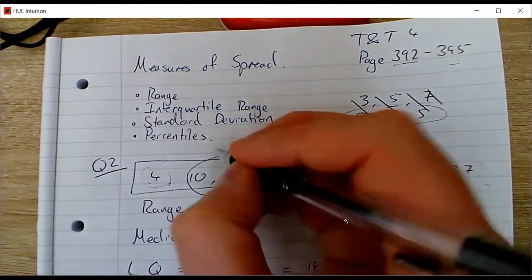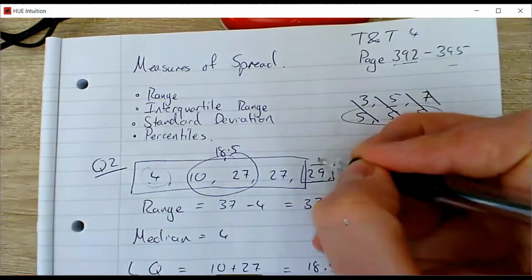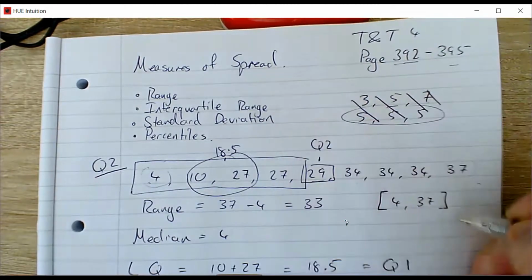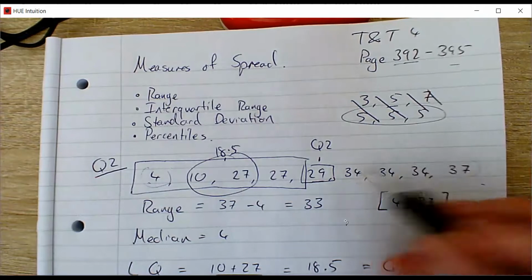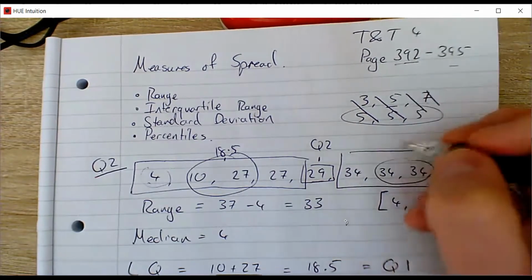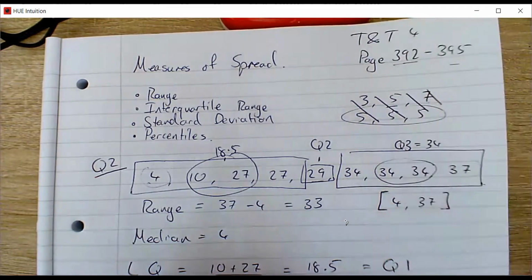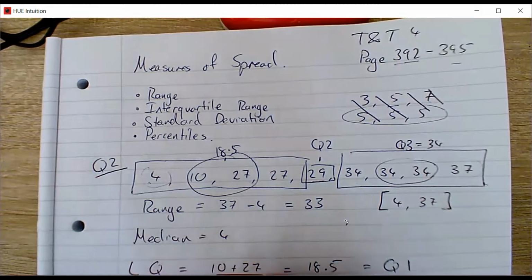Your median then, so that's 18.5 would be here. Your median is sometimes called quartile 2, and then quartile 3 is the middle number of the top half of your data. And you can see there, 34 plus 34 divided by 2 is going to be 34. So the upper quartile is 34.